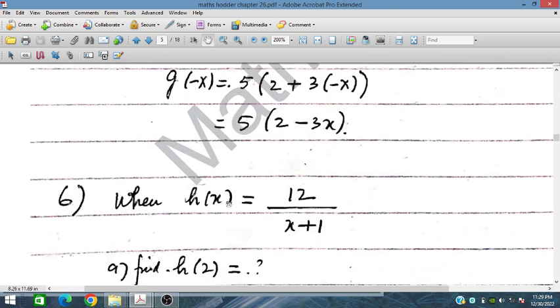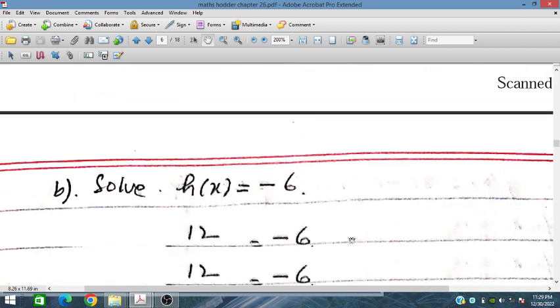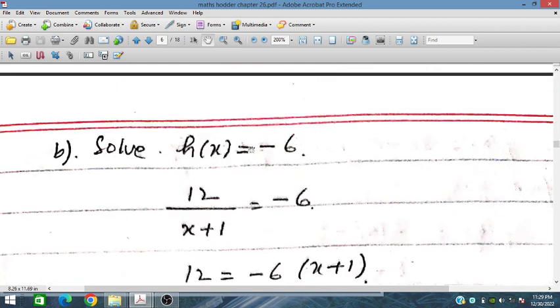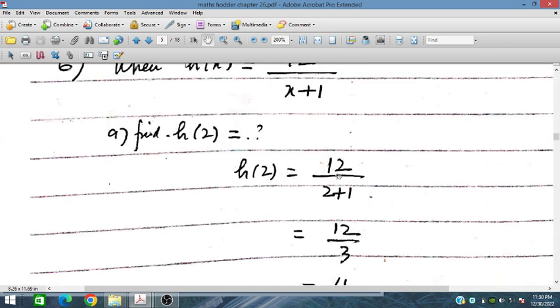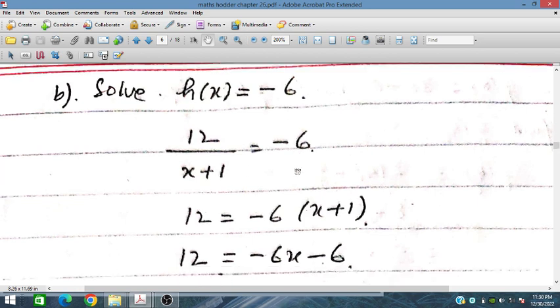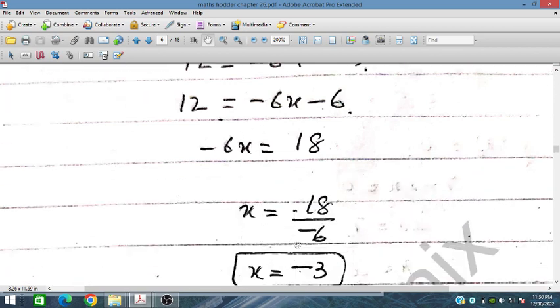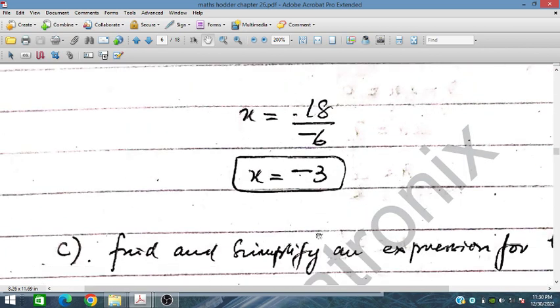And similarly for h(x) equal to 12 upon x plus 1, find h(2). So we'll place 2 here, and we'll get this result. Similarly, solve h(x) equal to minus 6. In place of h(x) we will write 12 upon x plus 1, which is equal to minus 6. So 12, and this is multiplied here, and after rearrangement, finally we have x equal to minus 3.